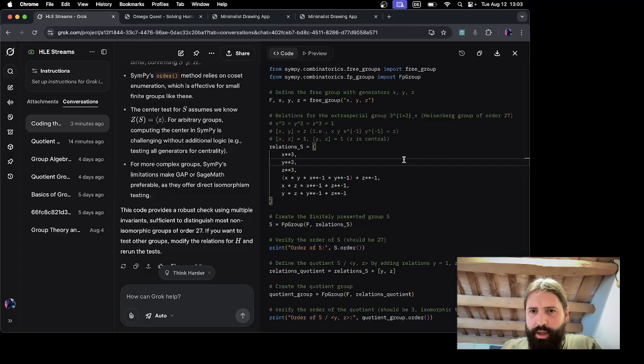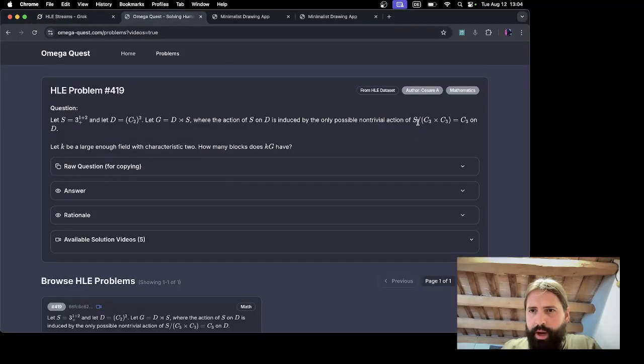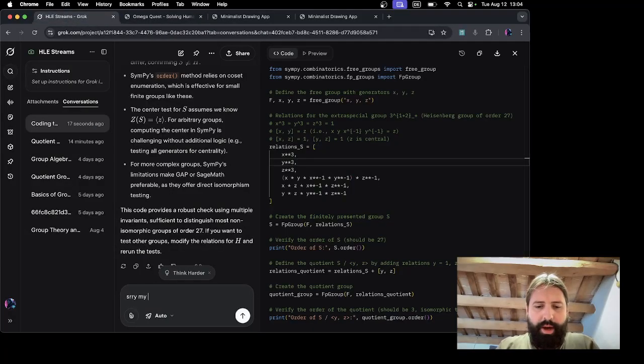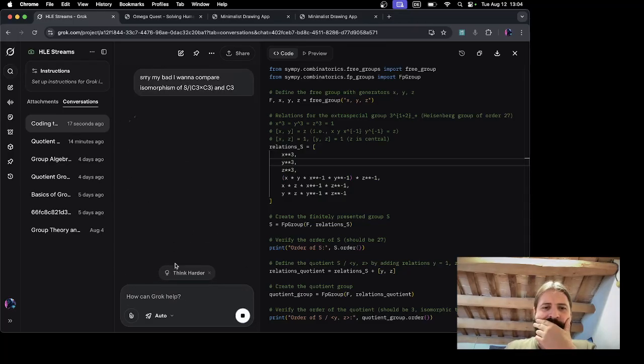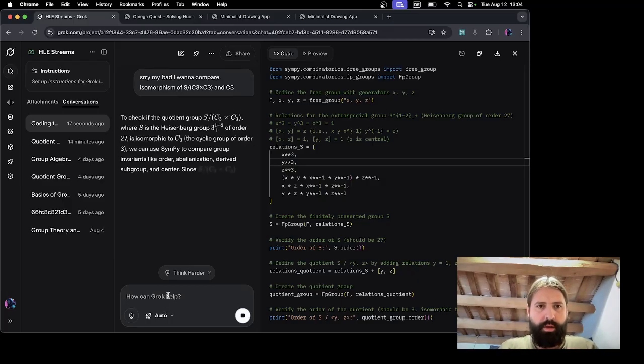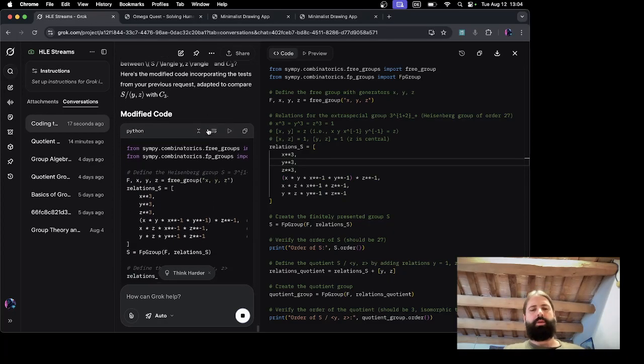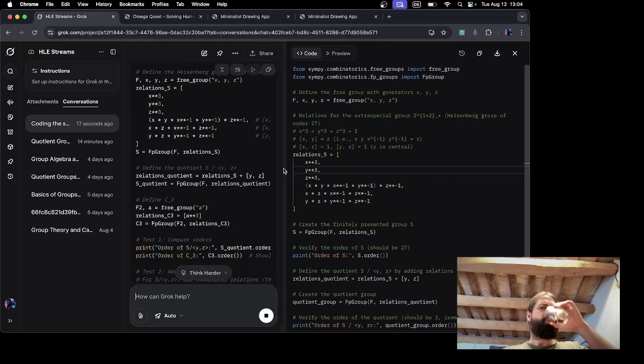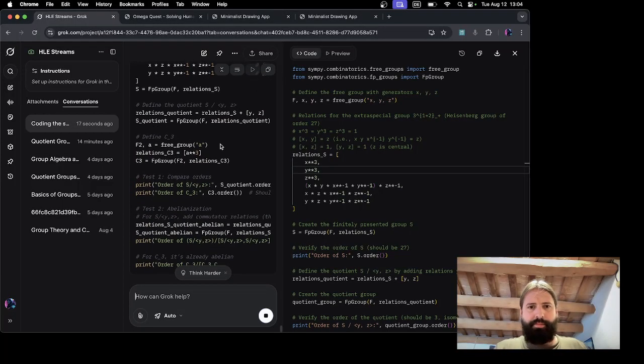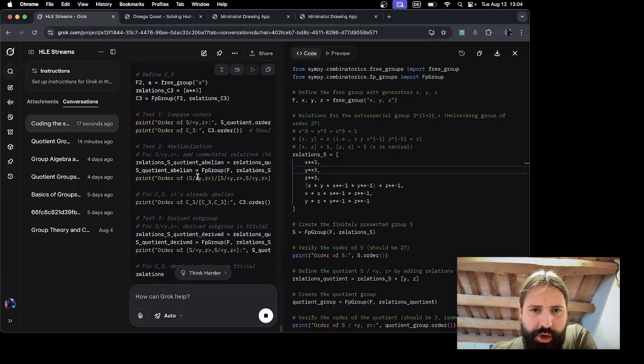So what I want to compare is these. Sorry, my bad. I want to compare isomorphism of these and these. Yeah, where S is like 3, that's correct, okay. That's what I want to do. So it compares the orders, it does the abelianization, which I don't know what it is.